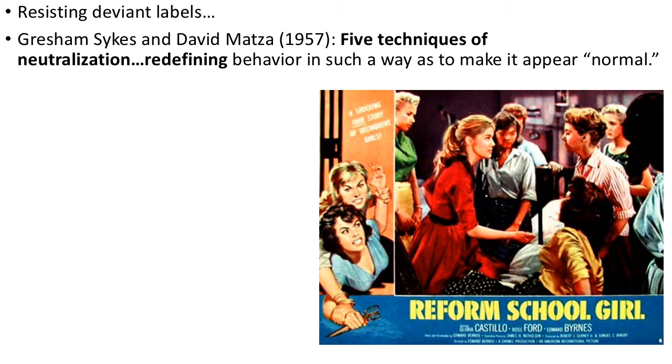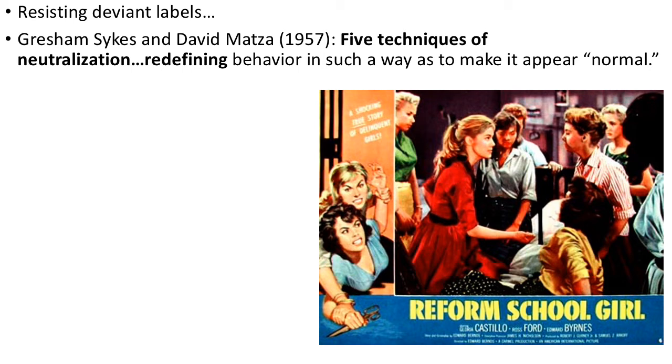Back then, people were really making a big deal about juvenile delinquency. It was being seen as the new big social problem, and so scholars and sociologists were interested in juvenile delinquency, and certainly there were all kinds of movies coming out of Hollywood that were also about juvenile delinquency.